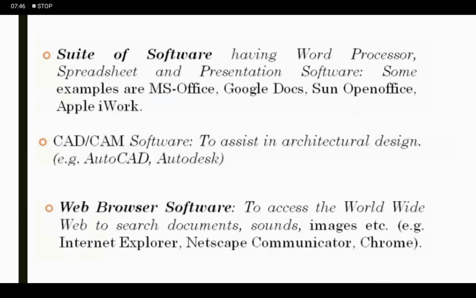Web browser software is used to access the World Wide Web, to search documents, sounds, images, etc. As we use the net for searching images, music and details also, for using the internet we have to access some web browsers.